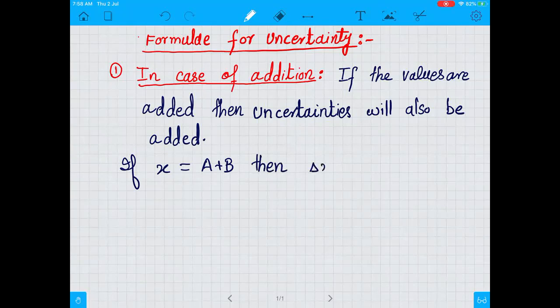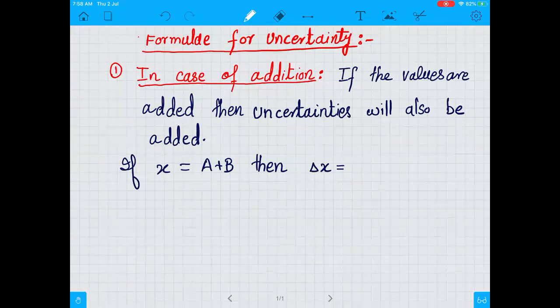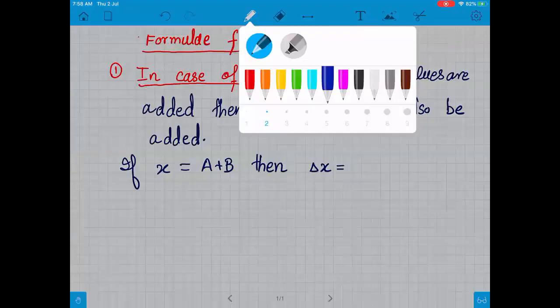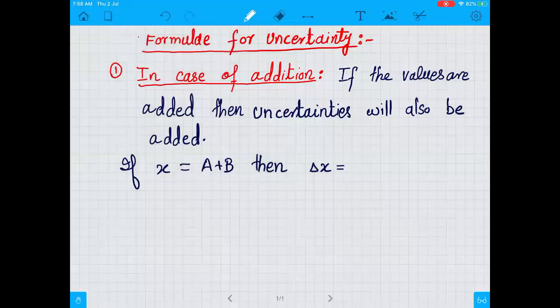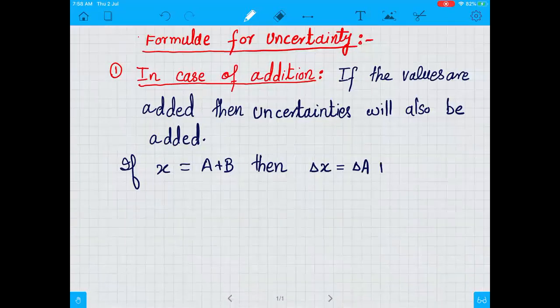Then the uncertainty in x will be equal to the uncertainty in a plus uncertainty in b.